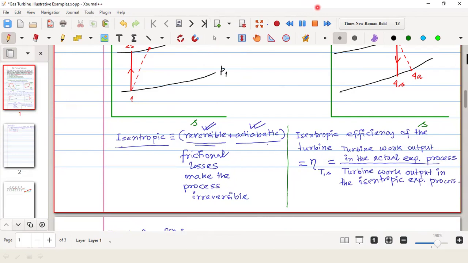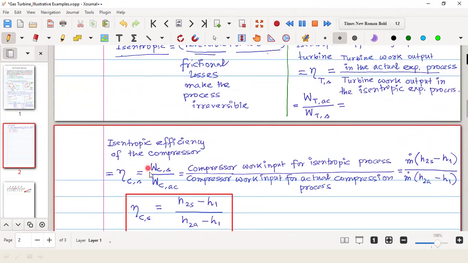So here it is basically W T actual divided by W T isentropic. It is just reverse of this.